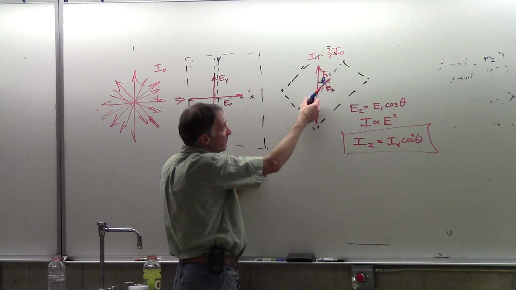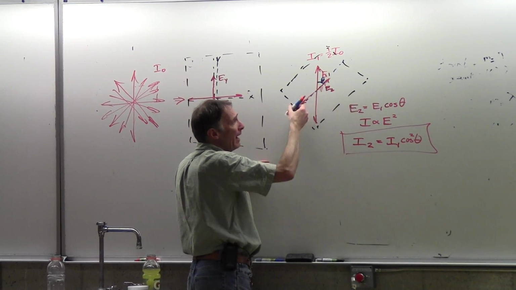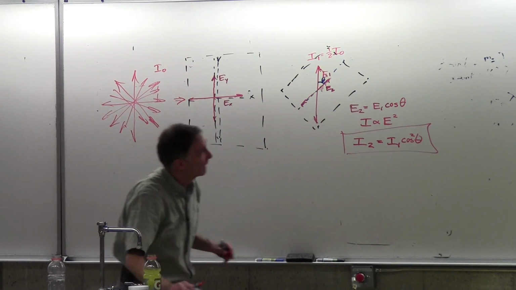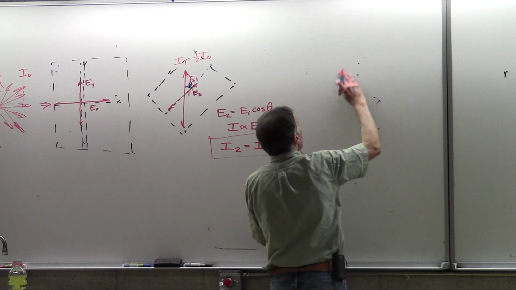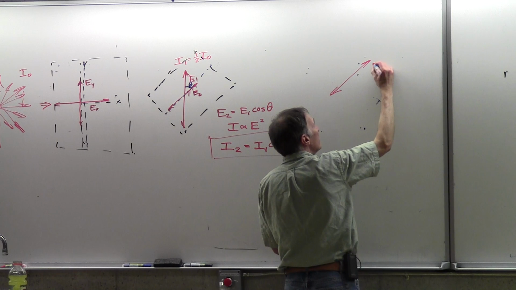And the light is coming through here polarized. It is now changed direction. It is going this direction. So if I think in terms of the next step, E2 was going this direction.